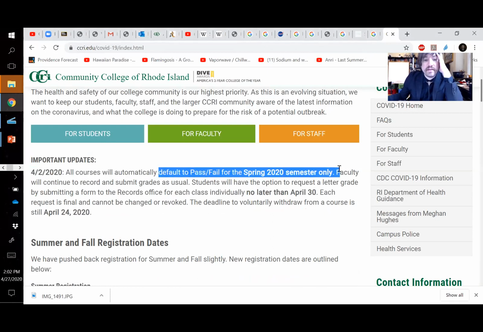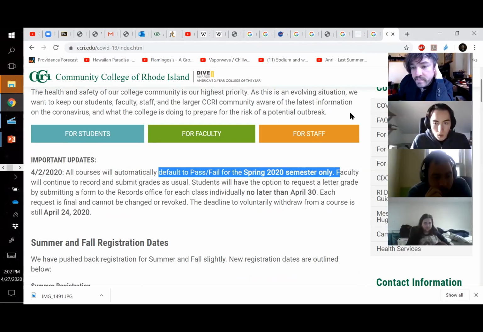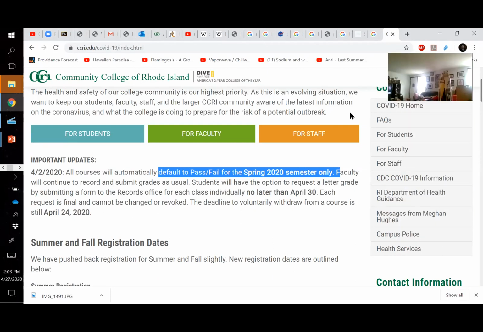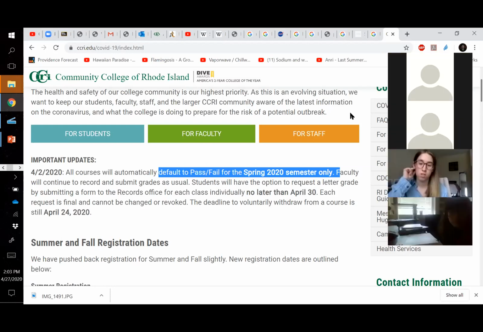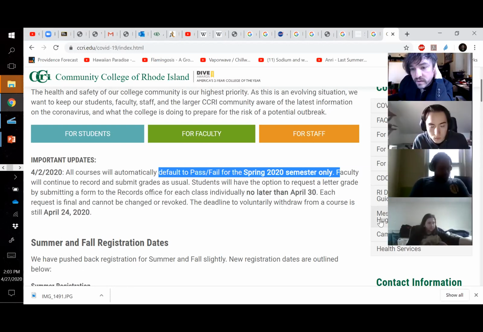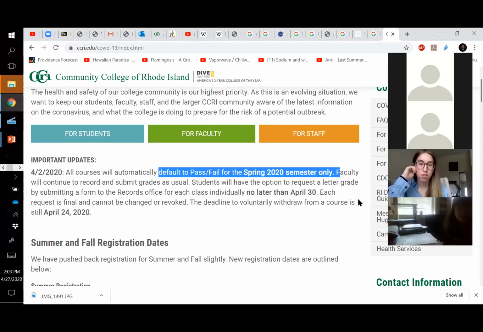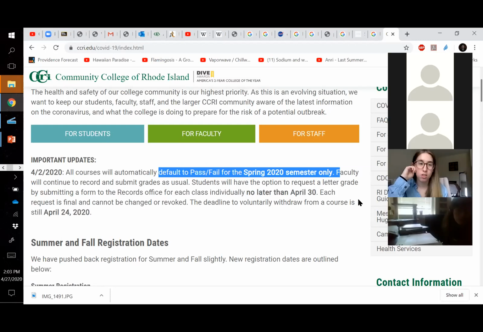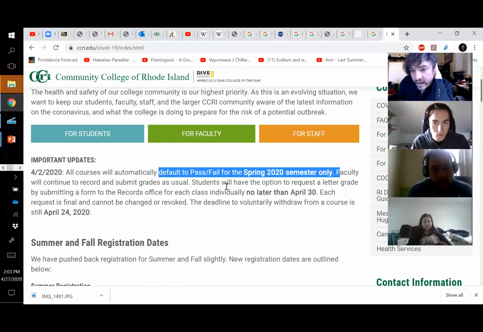Oh, remember this semester is pass fail. I'm going to enter your grades as a letter grade, but you've got to let the school know. Probably most of you will want a letter grade because my grading scheme is actually pretty forgiving, as long as you've been keeping up with the assignments. I was going to ask how we do that, because I know you sent out an email, but I don't remember how far back it was. The way I understood it is when I enter your grades, I'm entering a letter grade. So if so-and-so gets an A and so-and-so gets a B+, I put all those letters in.